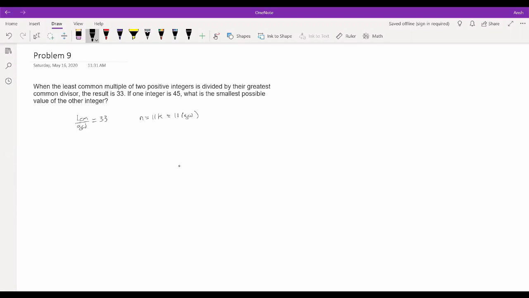So now that we have n in this form, we can see that n is equal to 11 times GCD, but we also know that since the LCM divided by GCD equals 33, which we're given, then we can rewrite the LCM as 33 times GCD, which is also just 3n.